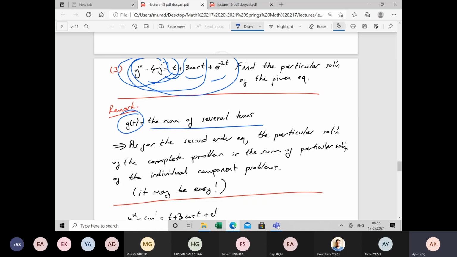It's okay. And we consider these differential equations and find the solution. It's okay.